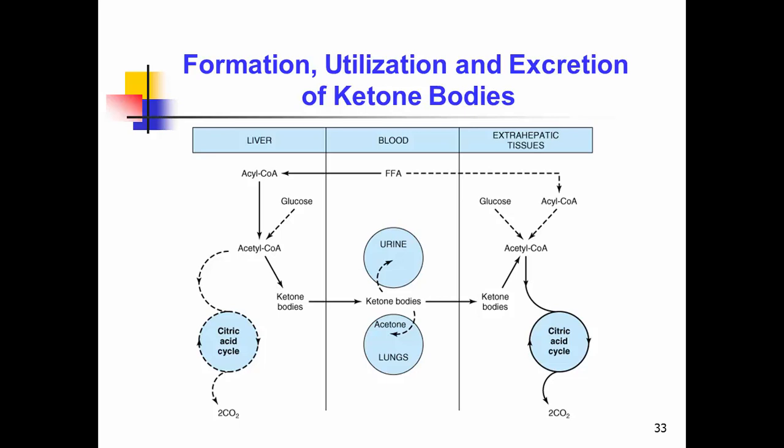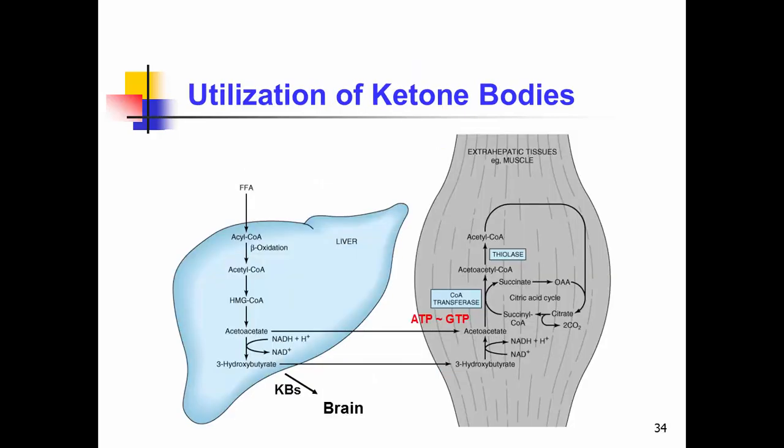We also talked about the liver. It makes ketone bodies, but the liver cannot utilize ketone bodies, right? So on the next slide, I'm going to talk about the utilization of ketone bodies. Again, it's made of acetoacetate and hydroxybutyrate.